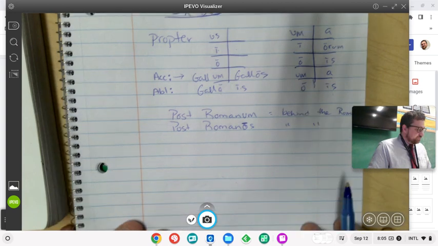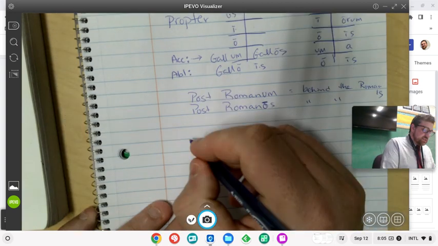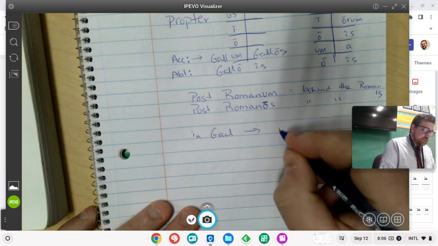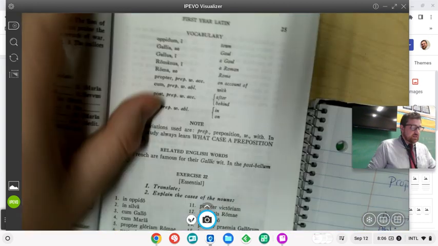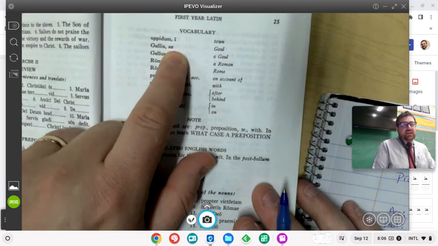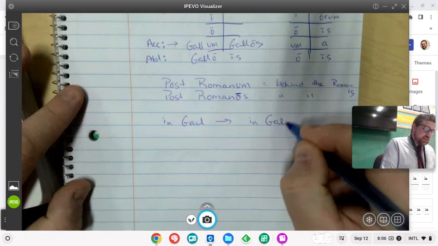Good. The way to say in Gaul would be in, remember, for the place Gaul, we want to use Gallia, Galliae, which is a first declension word. So we would say in Gallia.